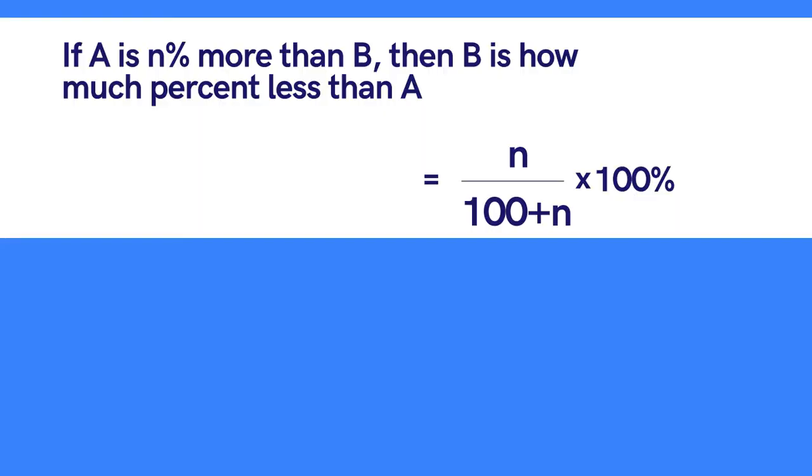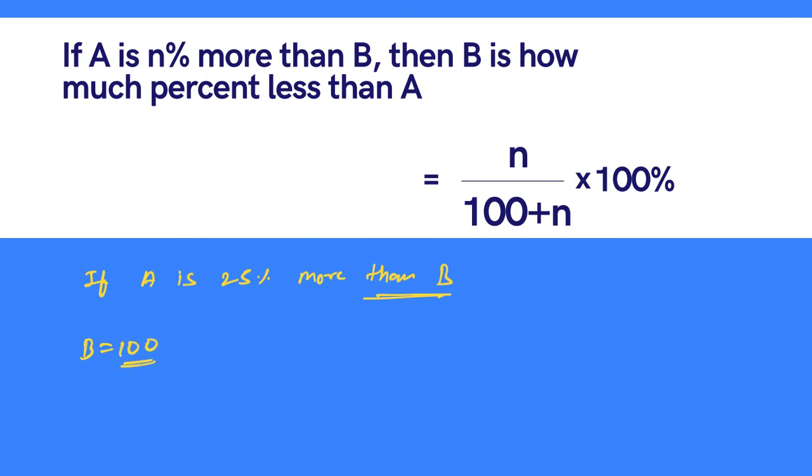On these concepts, many times exams ask direct questions. So the concept is saying if A is n percentage more than B, then how much percentage is B less than A. Take one example. Suppose I ask if A is 25 percentage more than B, and now you have to find out how much percentage B is less than A. So I take B equal to 100.